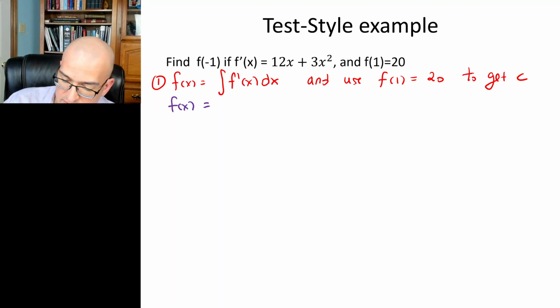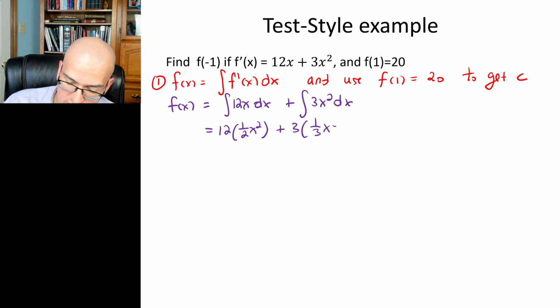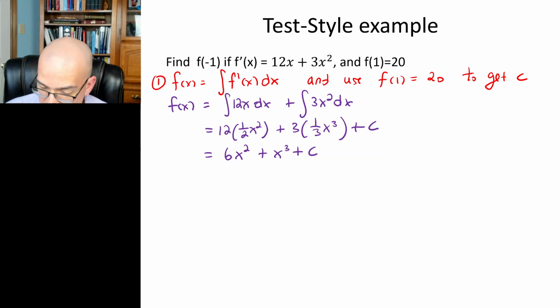So let's go ahead and do that. F of x is equal to the integral of 12x with respect to x plus the integral of 3x squared with respect to x. We'll get 12 times 1/2 x squared plus 3 times 1/3 x cubed plus c. Let's simplify: 6x squared plus x cubed plus c. Now we'll use that piece of information.